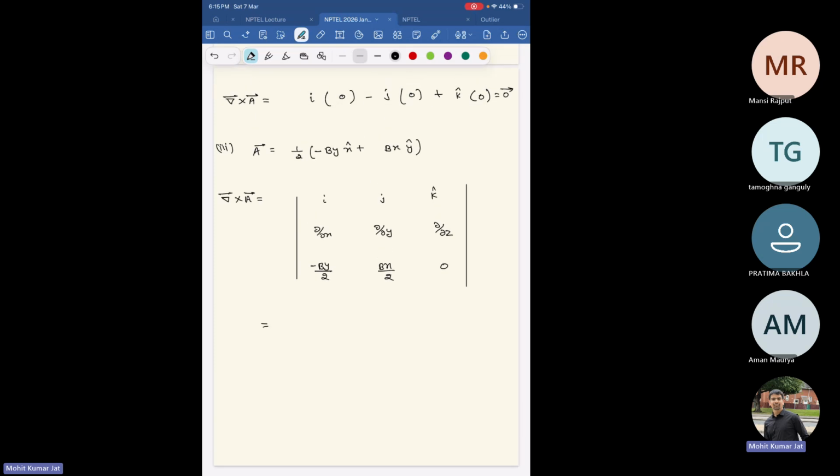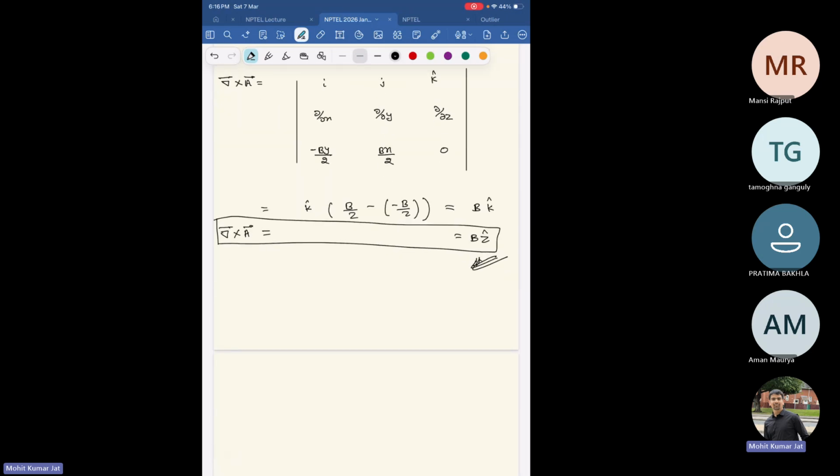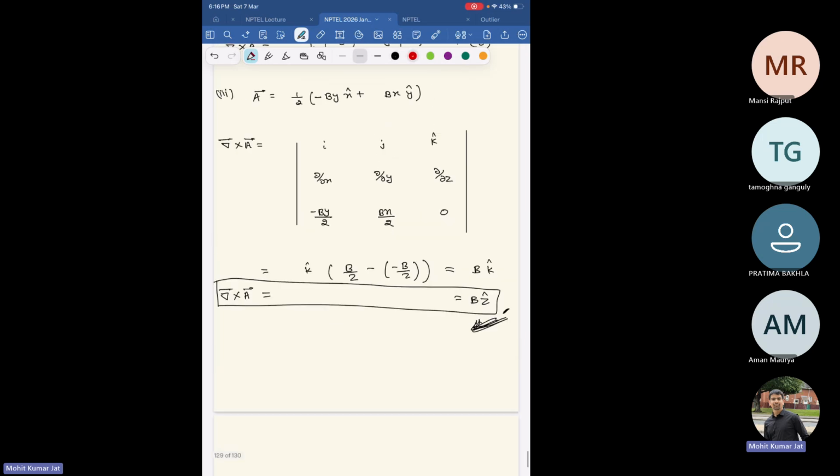So components of i are 0, j are 0. Let's see the k. K is b by 2. If we take the derivative here, it's b by 2, and the derivative of this will be minus b by 2. Negative negative cancel. So this is b k cap, or I can write b z cap because k and z essentially mean the same in Cartesian coordinates. So curl of A we are getting to be b z cap, and this matches our desired magnetic field direction and magnitude. So this is the correct option.